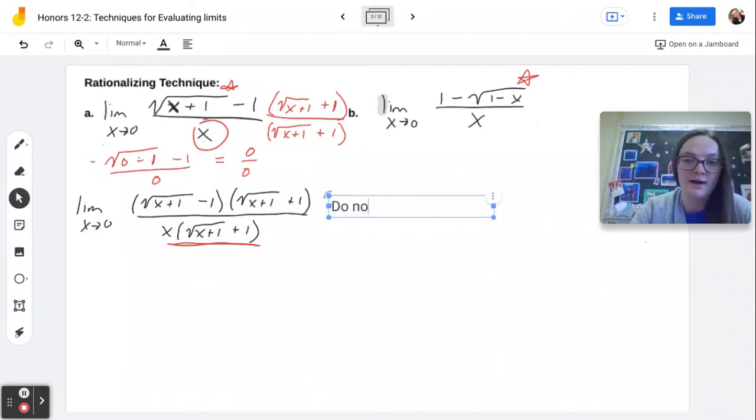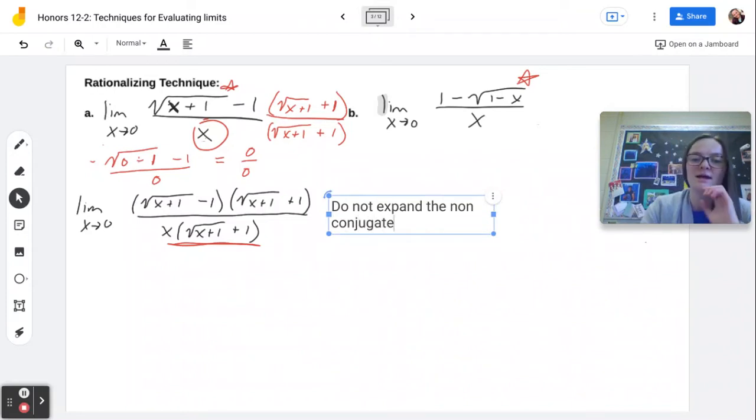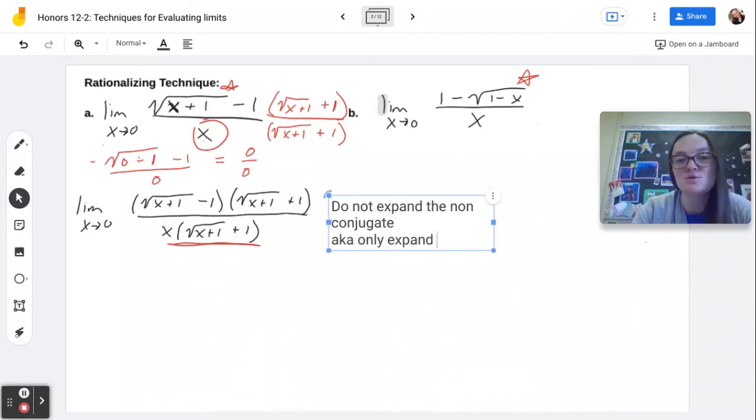So do not expand the non-conjugate, aka only expand the conjugate. And so what that means is you only want to expand the two expressions that are pretty much mirrors of each other. So only expand the conjugate.